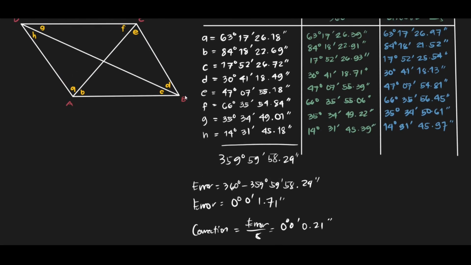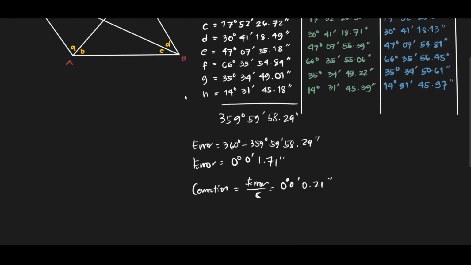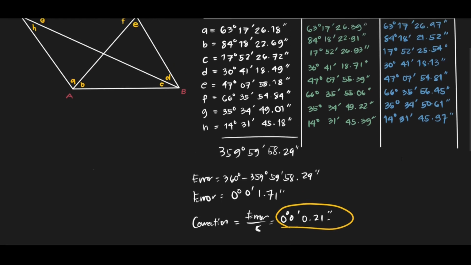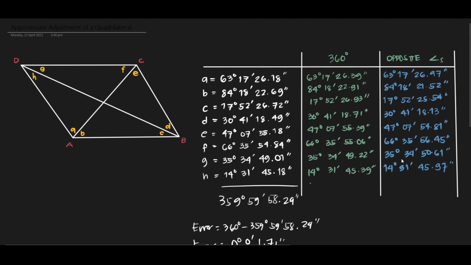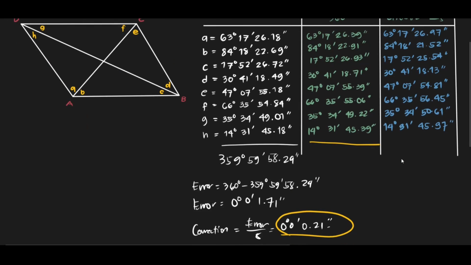Now we need to add this to all of the angles because you can see here the total is 359 degrees, so it lacks 0 degrees, 0 minutes, 1.71 seconds for it to be 360 degrees. So you basically have to add this 0.21 seconds to all of the angles, and you will get these angles in green right here. Okay, so just add them to each one.